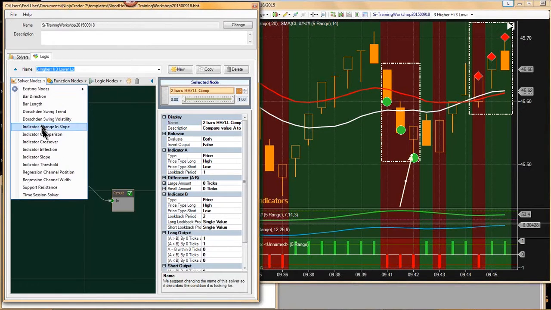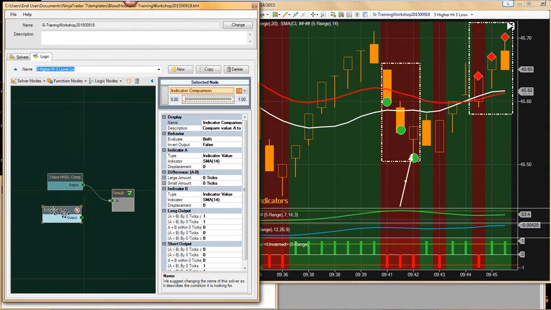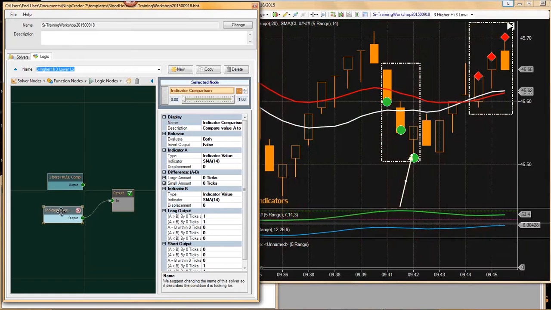So let's grab another comparison solver. Connect that up. Alright, so this one's going to be looking at the previous 2 bars of a higher high and a lower low.